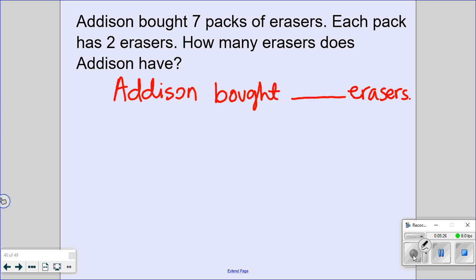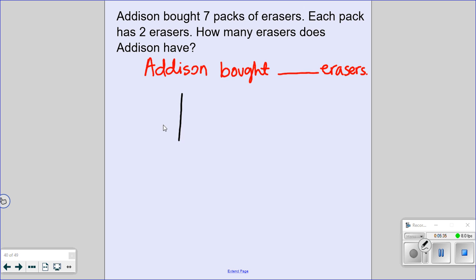We're gonna get a model going. I like my good old bar model. Oops. What happened to it? Let me see if I can make it a little smaller. There we go. My bottom bar is always my total. I'm counting erasers.